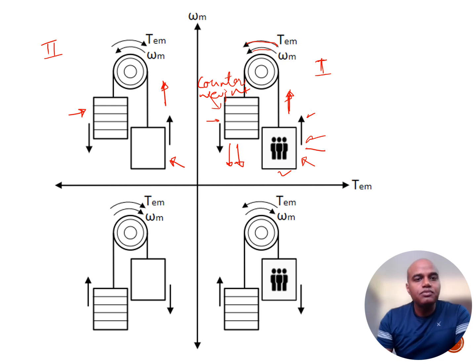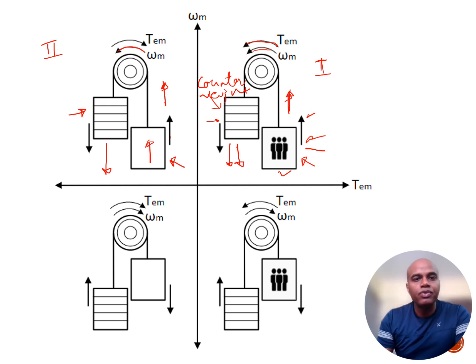Therefore, the direction of my motor is still anti-clockwise, because I need to pull this up. However, this counterweight is going downwards because of the gravitational force. Then this force is more than the force which is required to pull this empty hoist in the upward direction.